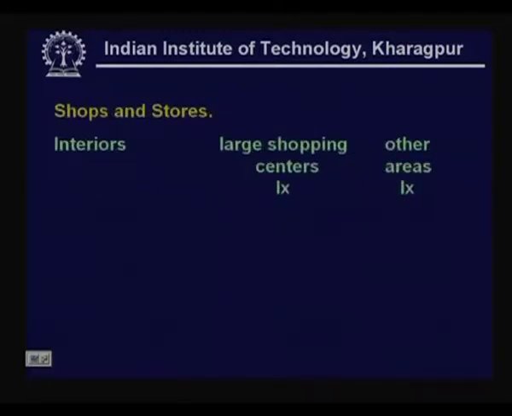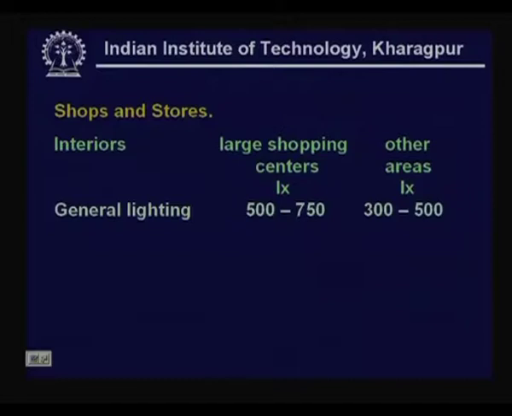Now let's look at the commercial category, where I have categorized shops and stores. For general lighting, a large shopping center should have 500 to 750 lux, whereas other areas, that is the corridors and circulation areas, can be around 300 to 500 lux.